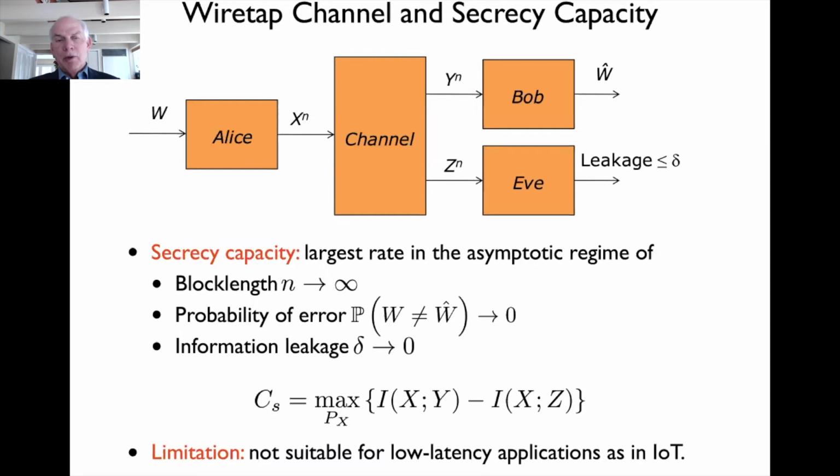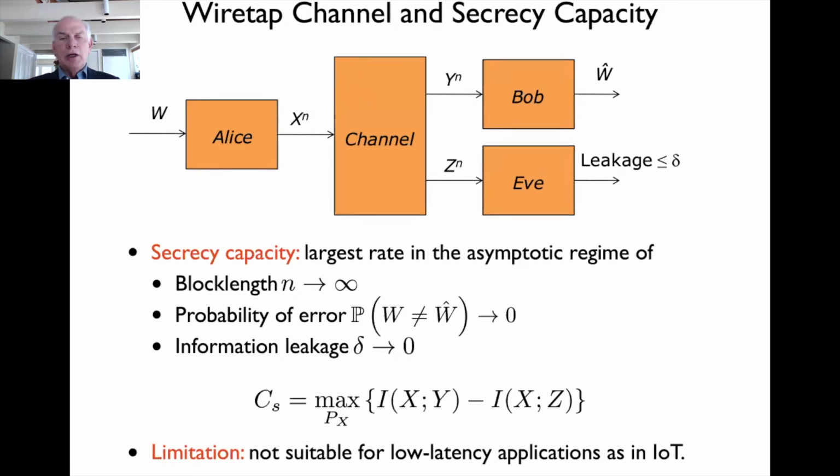So you let the block length n, that is the number of channel uses, go to infinity, the probability of error at Bob go to 0, that is the probability that W hat doesn't equal W, and the information leakage go to 0 as well. So you're getting perfect secrecy and perfect reliability in this limit as n goes to infinity.